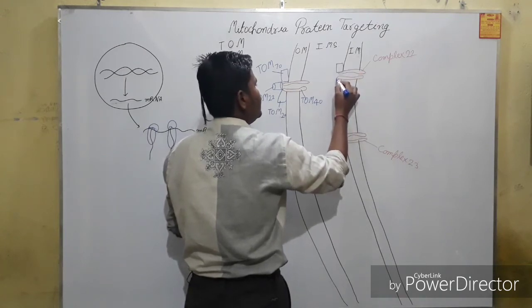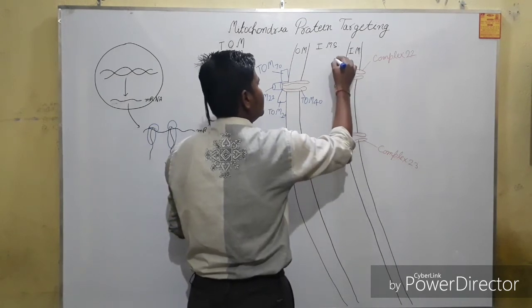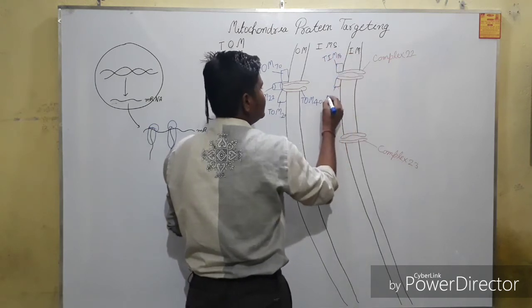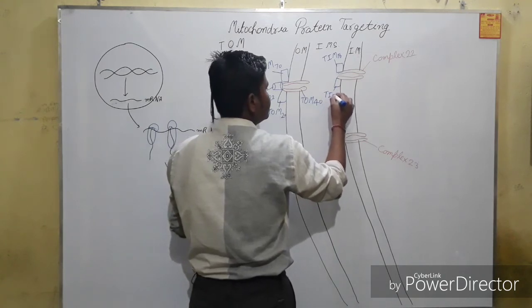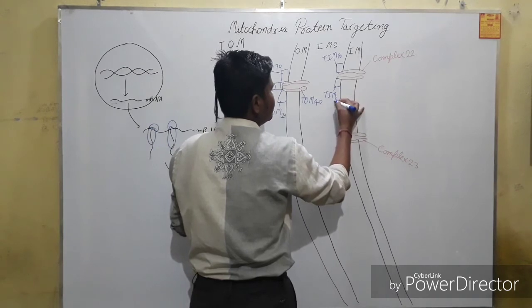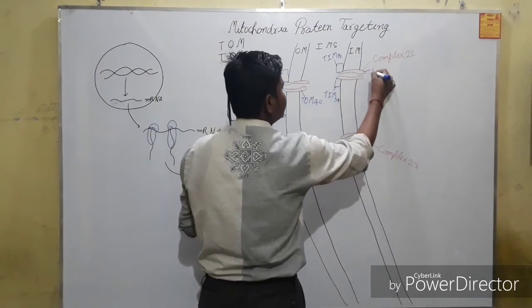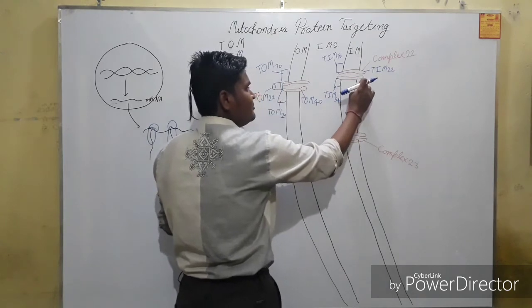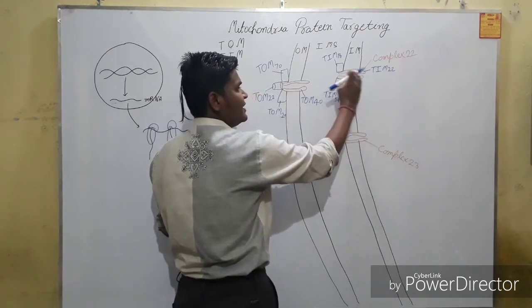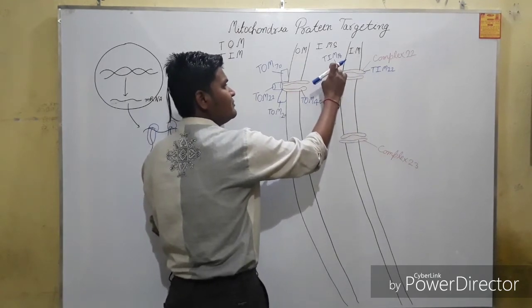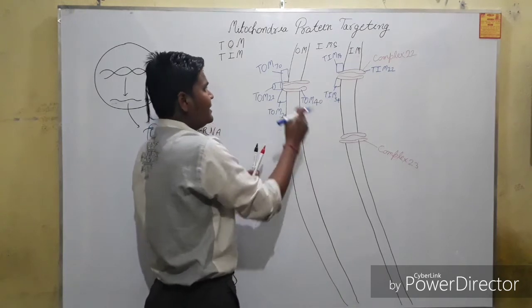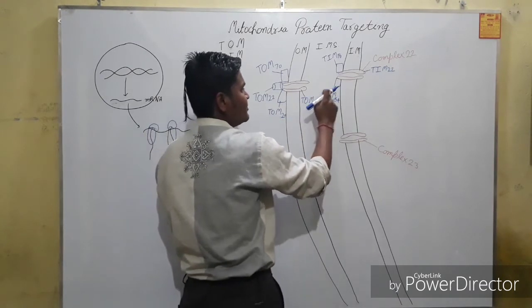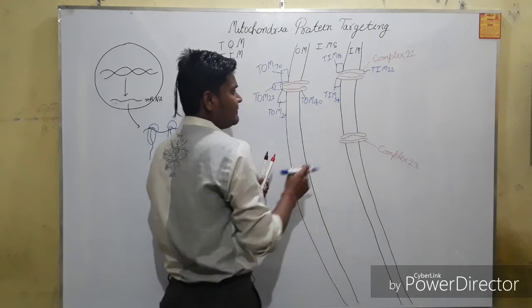TIM 22 is for channel forming, TIM 18 is for receptor, like TOM 70 and TOM 20, and TIM 54 is for recruitment of protein.